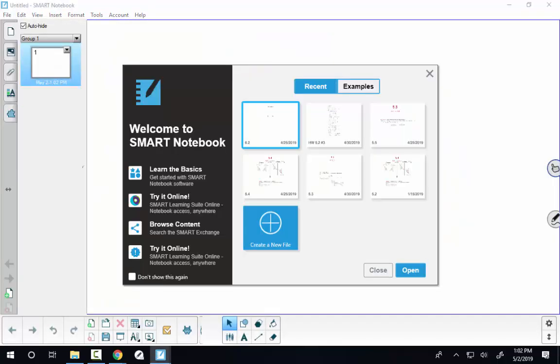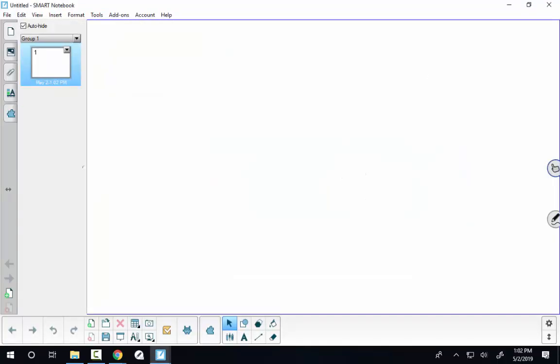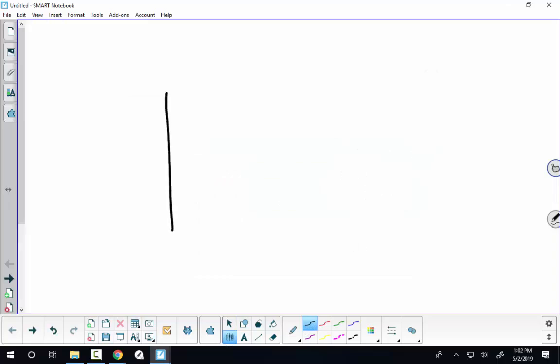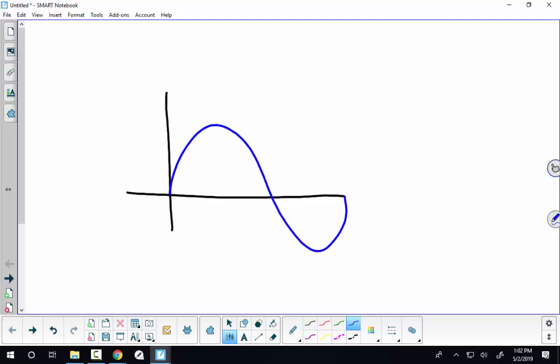I think it's important to address the differences. So if we look at a function like this, the net area is the contributions of this positive area and this negative area. So I'll call it A1 and A2 because they're clearly different. That's the net area.